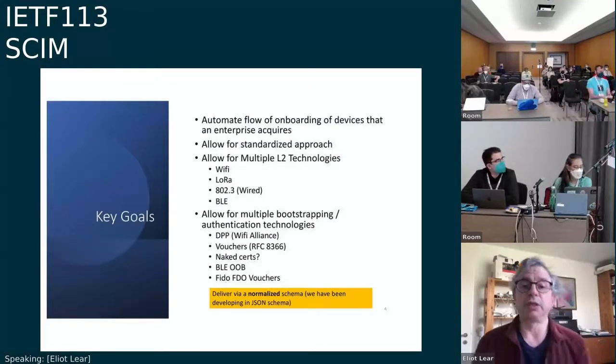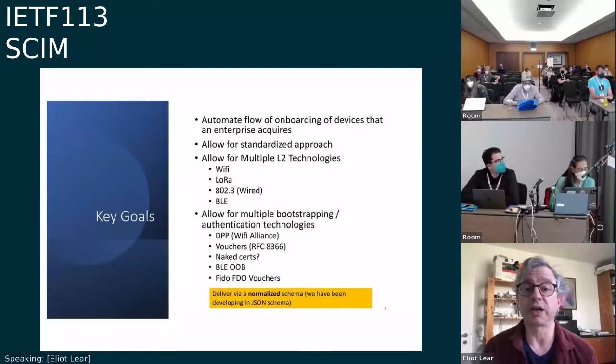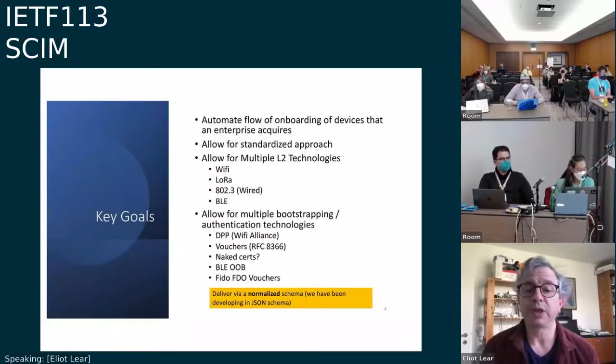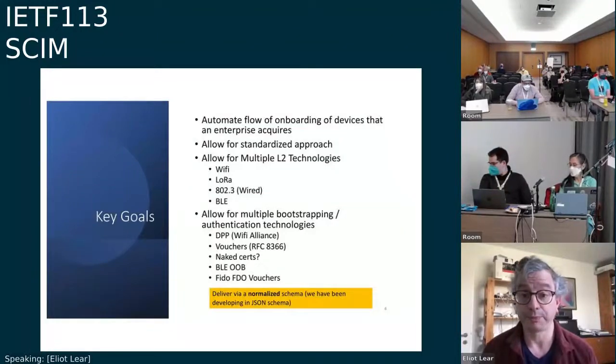So this is a fairly texty slide. I apologize for that. But the key thing here is that we want to be able to do as much automation of provisioning as possible. So the very basic notion is you buy something, it should even be possible to automate the transfer of credentials relating to a device. And what's important to understand is that devices need proof that they're connecting to the right place as much as the network or an application needs proof that a device is allowed to talk to it.